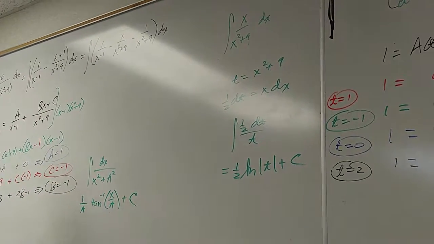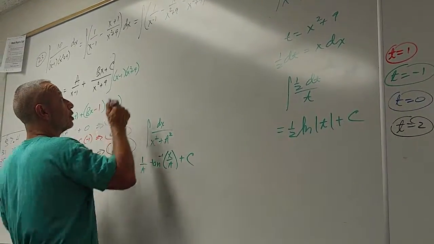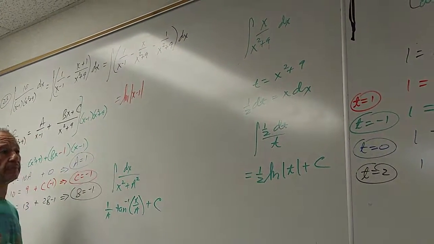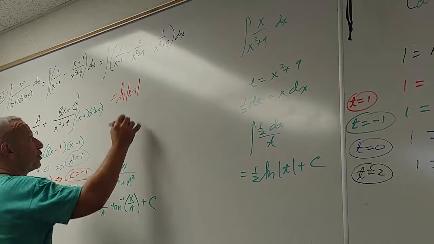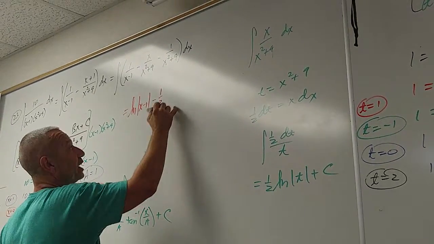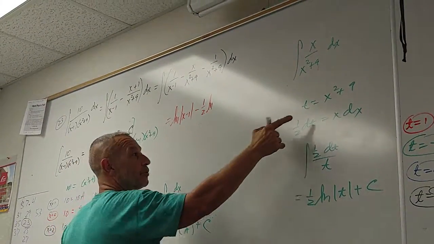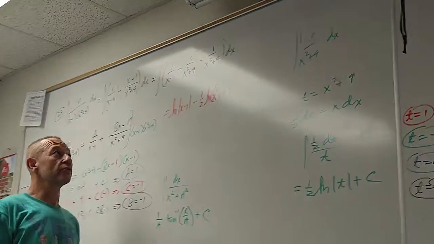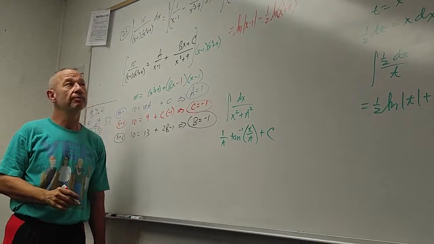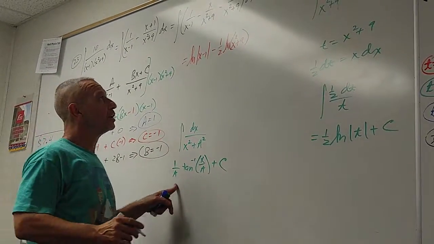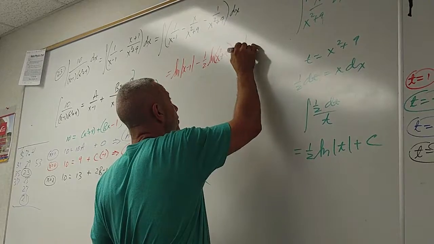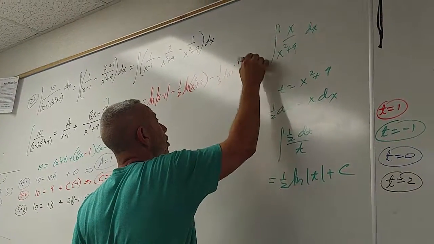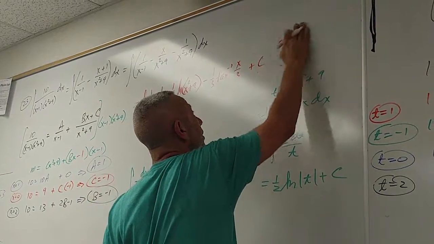So now that we know that, the integral of 1 over x minus 1 is ln absolute value x minus 1, minus 1/2 ln of x squared plus 9, which is why we get to leave off the absolute value, because x squared plus 9 is always positive, minus 1/3 the arctan of x over 3, all plus an arbitrary constant.